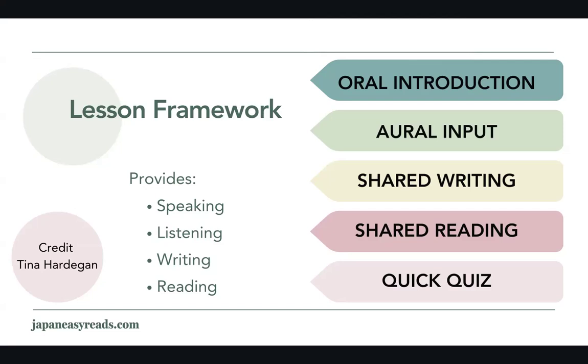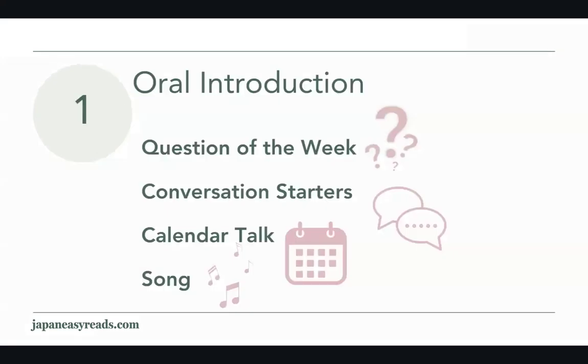Following on from that is the bulk part, I suppose, of the lesson, and that's the oral input. Following on from that, shared writing, and then shared reading, and then a quick quiz to finish. So those 5 key points, as I said, can be adapted. That just gives you a framework to work on, to build on.